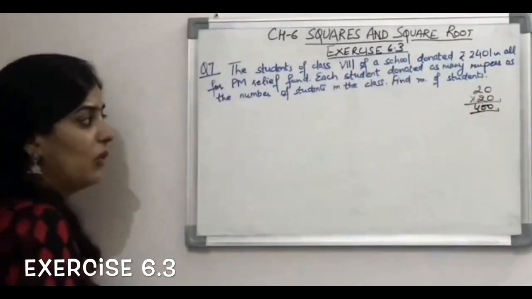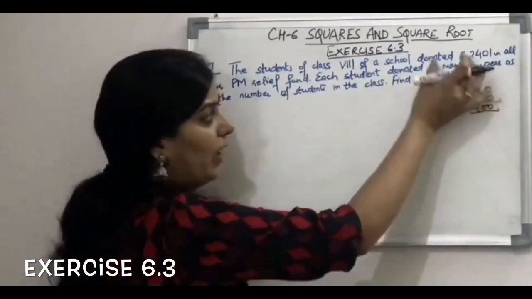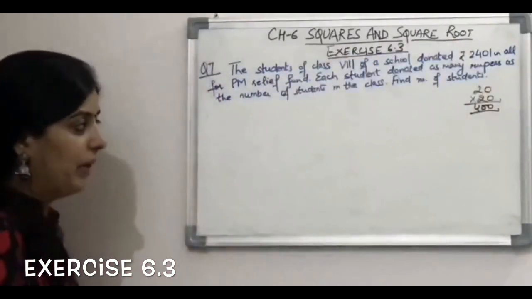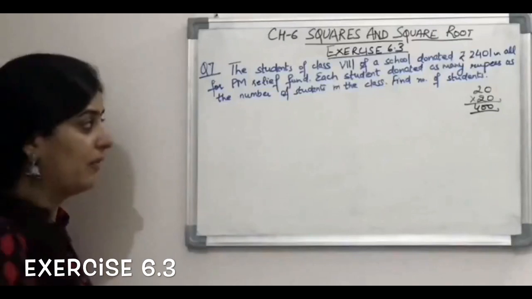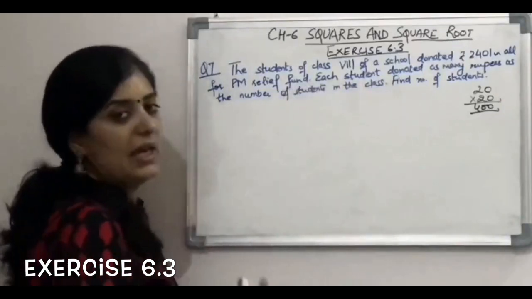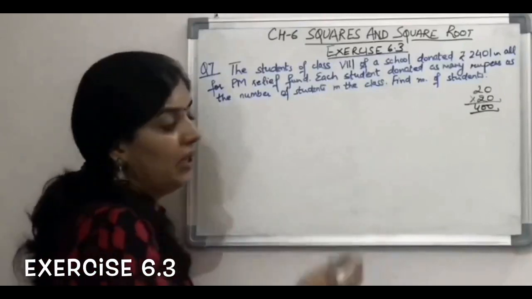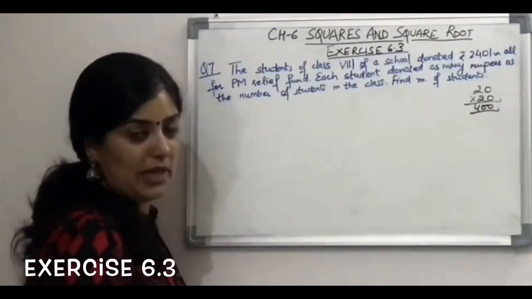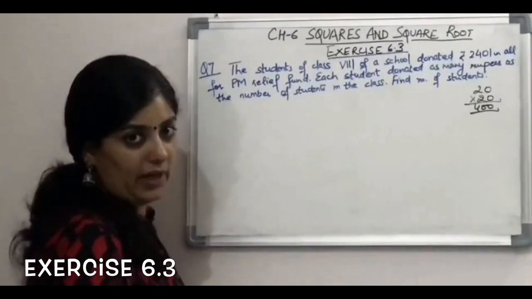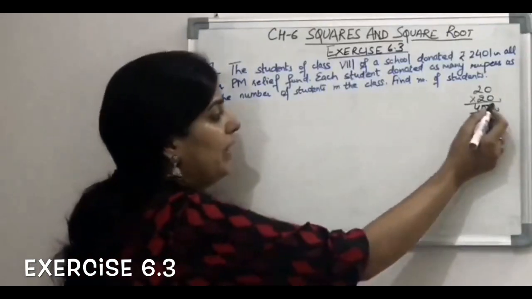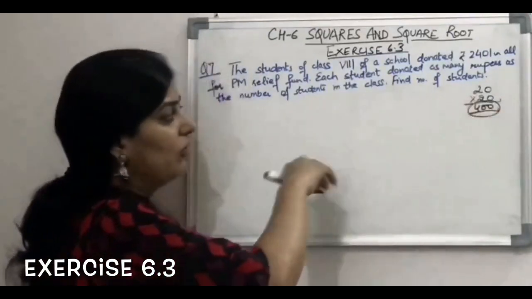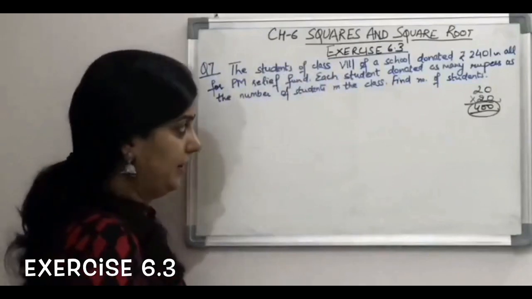I am just giving you an example to make you understand how this number 2401 comes. Each student contributed rupees 20 and the total amount will be 400. उतने amount उन्होंने donate कर दी.